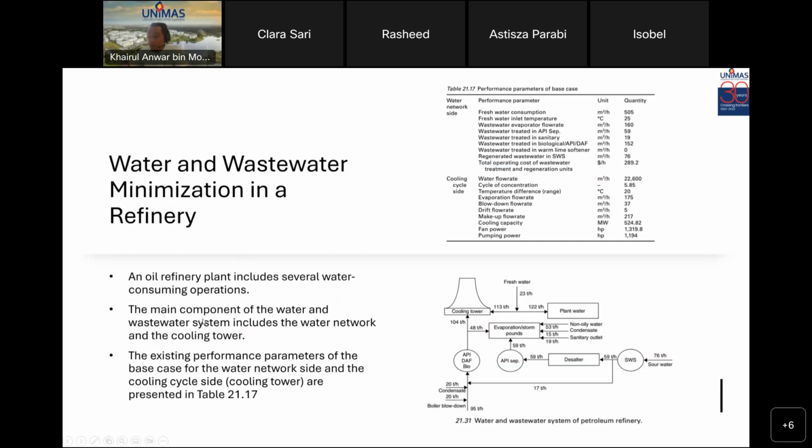The main components of the water and wastewater system include the water network and the cooling tower. It's important, the cooling tower. The existing performance parameters of the base case for the water network site and the cooling cycle site cooling tower are presented in table 21.17.